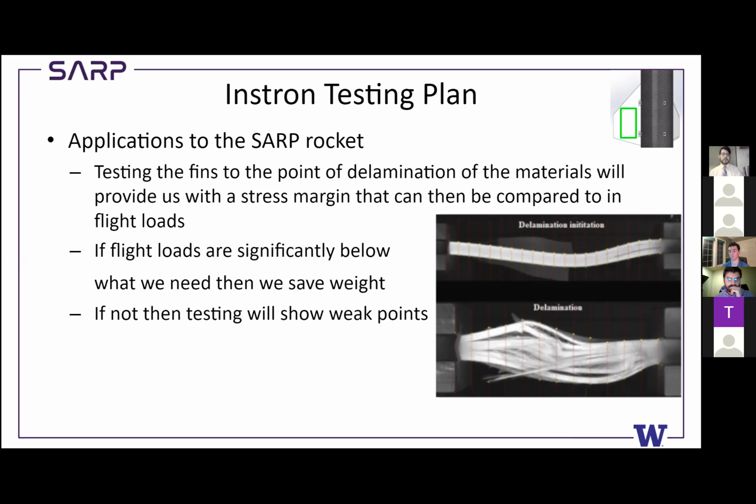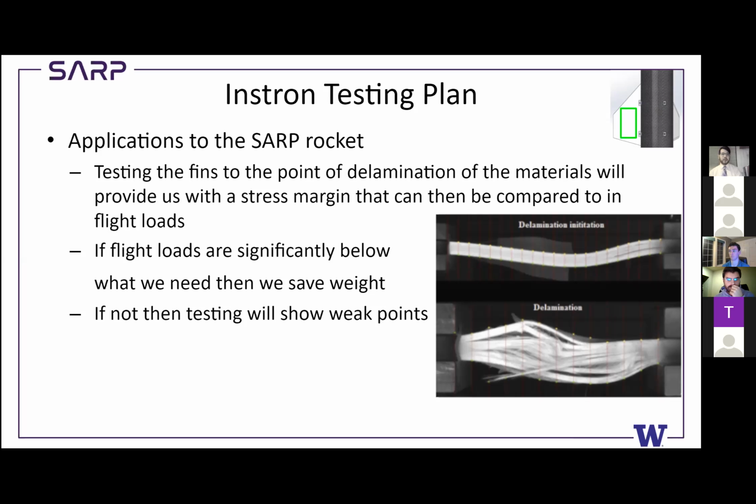The other thing we would test for with the same Instron machine would be our ultimate yielding point. As Patrick has said, it's very difficult, especially with the materials and manufacturing that we're using, to simulate the actual breaking and yielding points. So experimental information will be the best use for us.